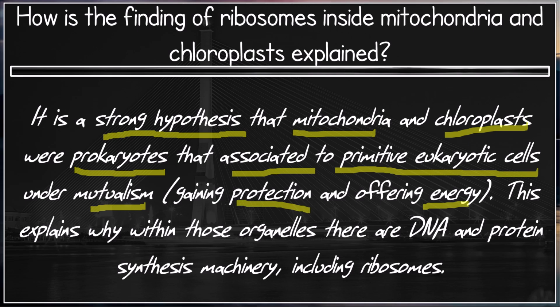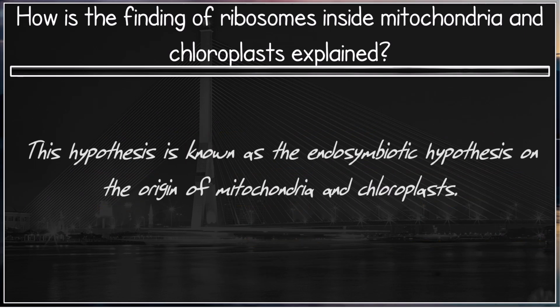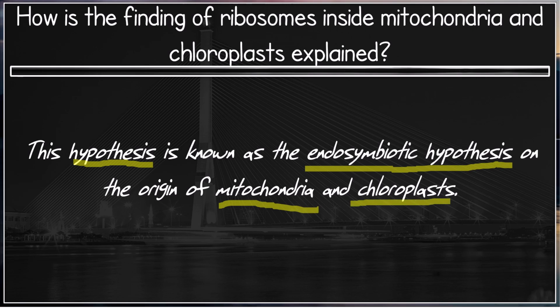This explains why within those organelles there are DNA and protein synthesis machinery, including ribosomes. This hypothesis is known as the endosymbiotic hypothesis on the origin of the mitochondria and the chloroplasts.